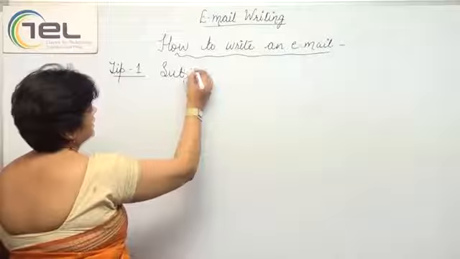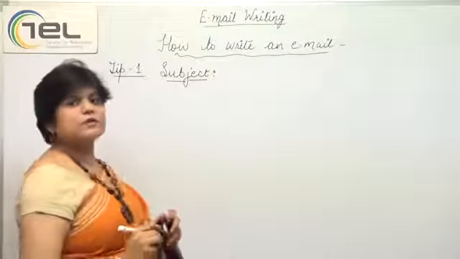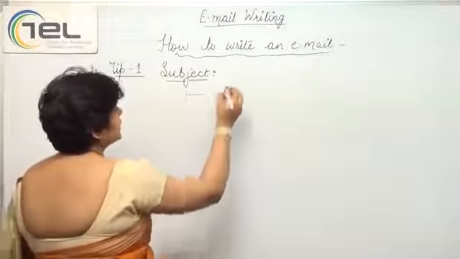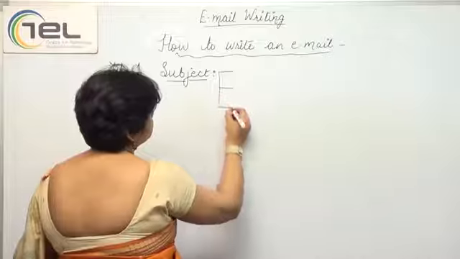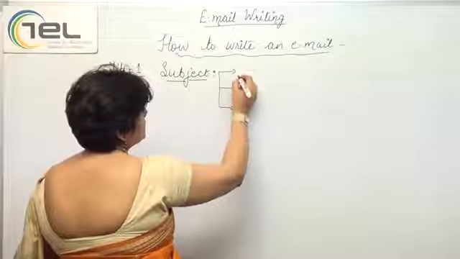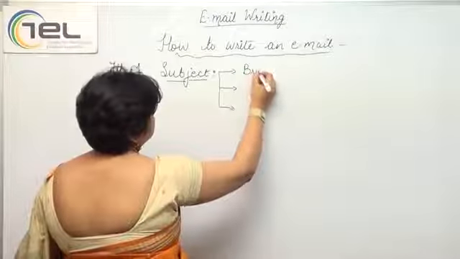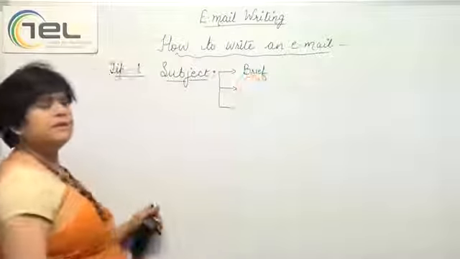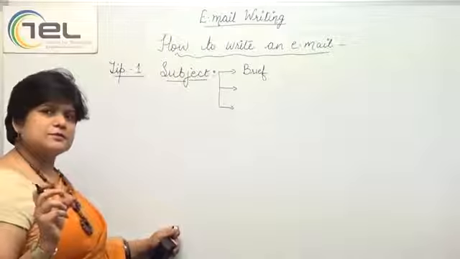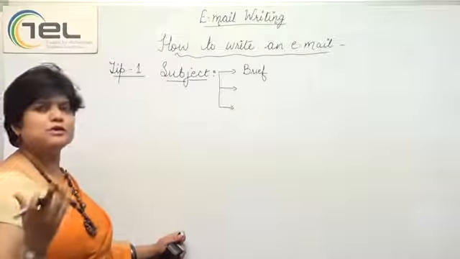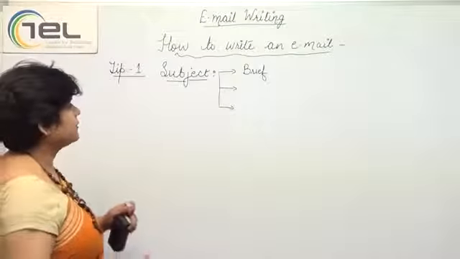The most important thing, as I told you in my previous lecture, is the subject. When you write a subject, 3 things should be kept in mind. First, it should be brief. Brief in the sense it should be very short, as short as possible, from 1 word to 2 words or 3 words, 4 maximum. Just don't exceed 4.